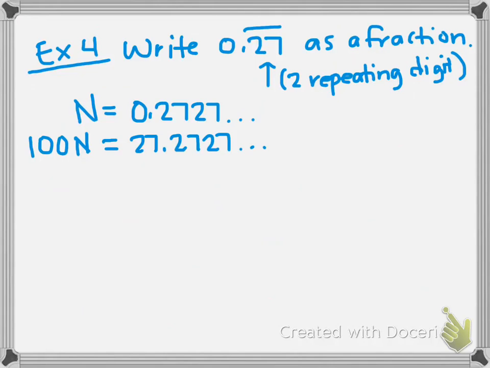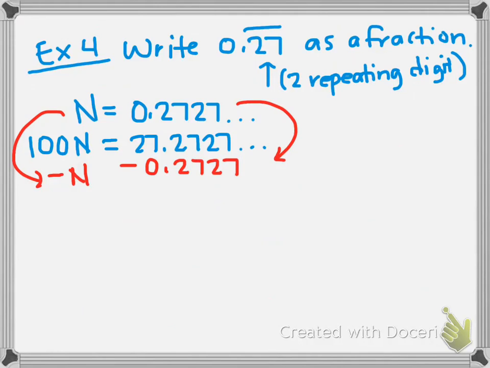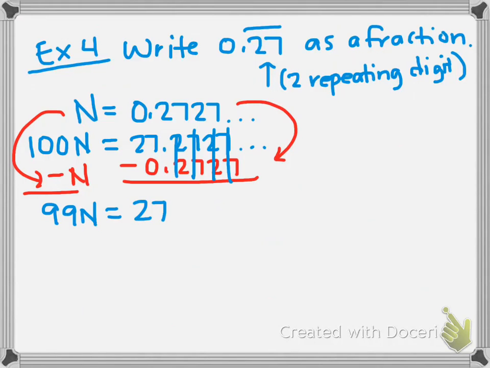So this gives us 27.2727, and so on. Okay, now we're going to subtract the top minus n. Minus 0.2727. Okay, that gets rid of the decimal. So now we have 99n, 100n minus n, equals 27. So now I divide both sides by 99.